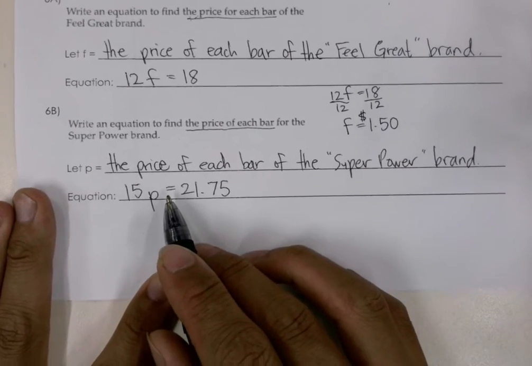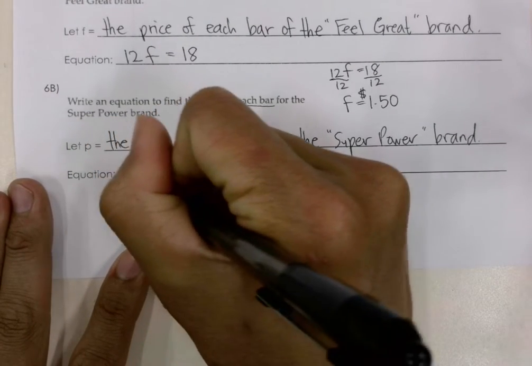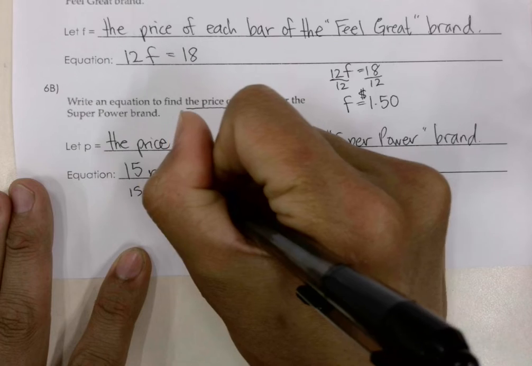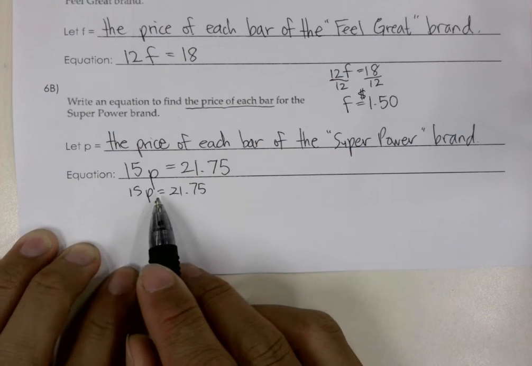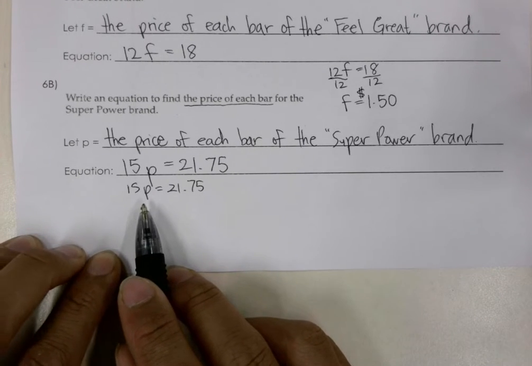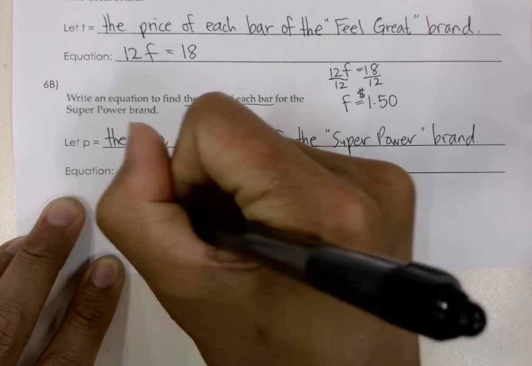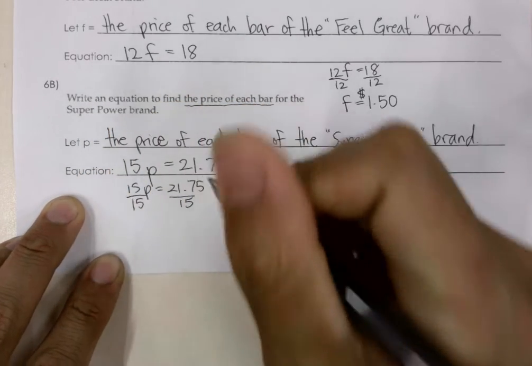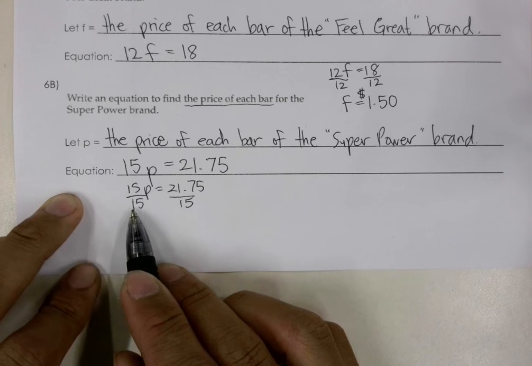Let's do the same thing here with the Superpower brand. We'll take 15P is equal to 21.75. And here, since we have a 15 times P, to isolate the variable, we need to use division. So we're going to divide both sides of the equal sign by 15. 15 divided by 15 is 1.